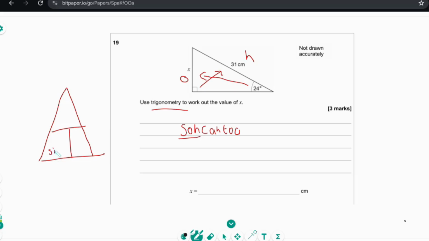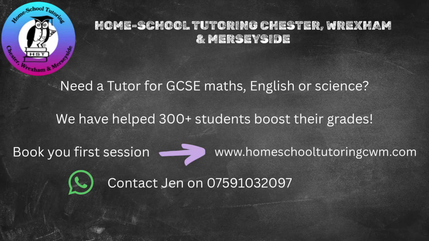Sine angle at the bottom. O goes at the top, which is X. H goes on the bottom right, which is 31. So when they're in this arrangement in the triangle, we multiply sine 24 by 31. 12.6.